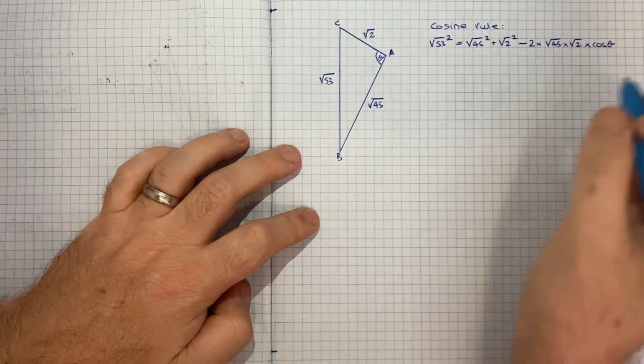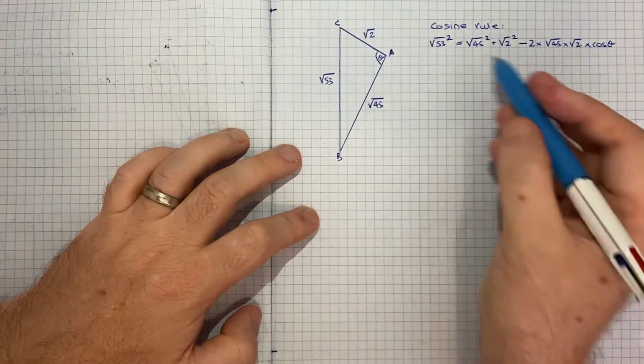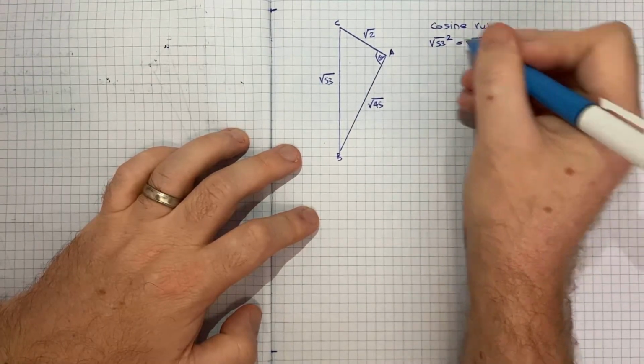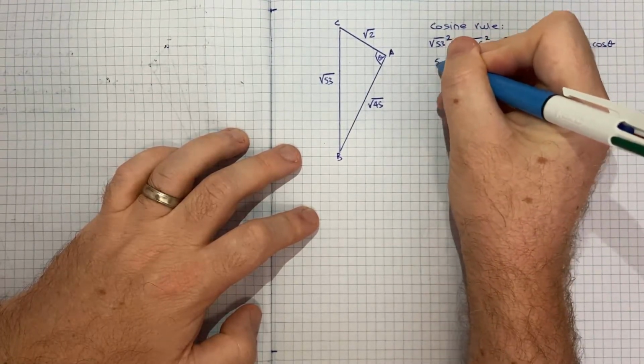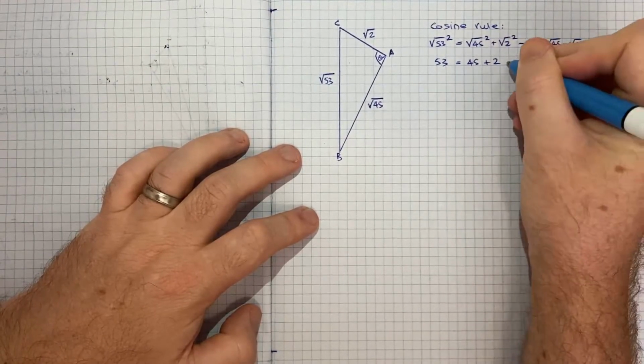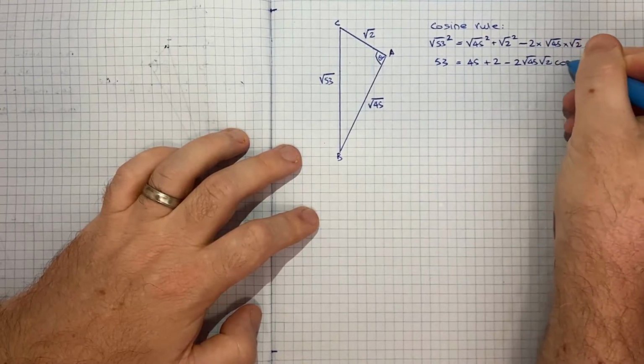So cos theta. So that's the cosine rule. So squaring a square root just gives you what's under the square root sign. So we'll get 53 equals 45 plus 2 minus 2 root 45 root 2 cos theta.